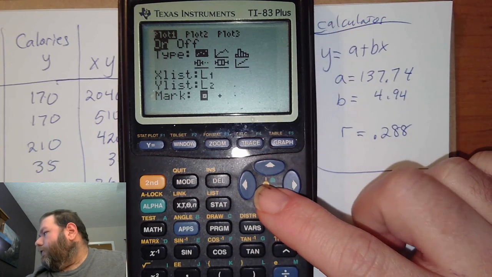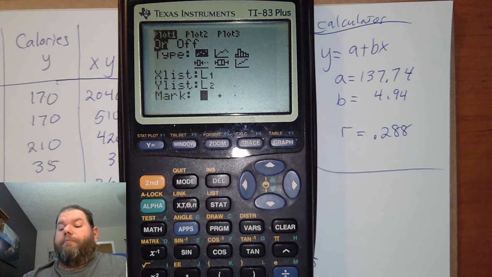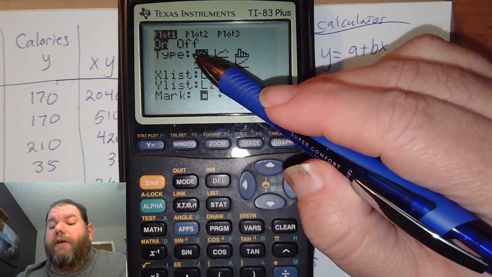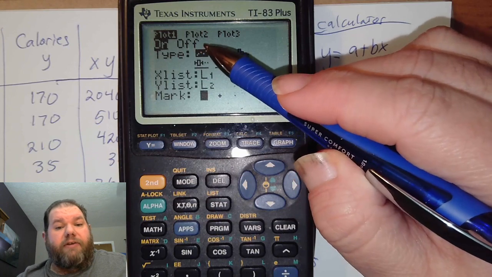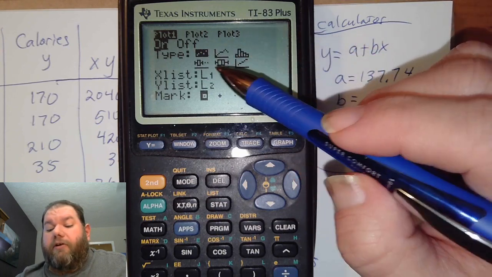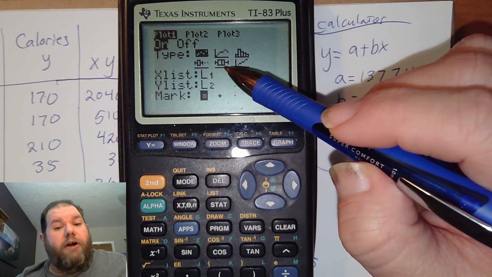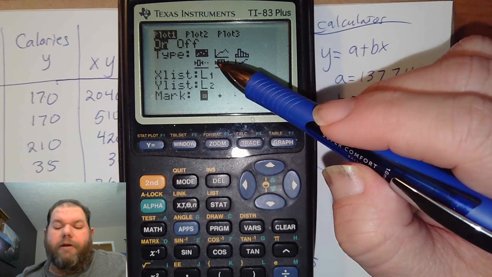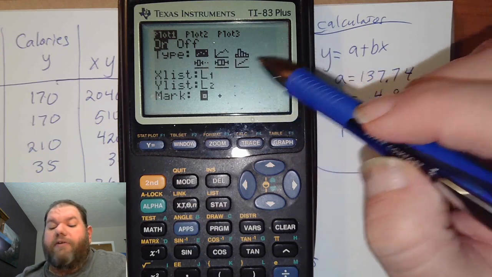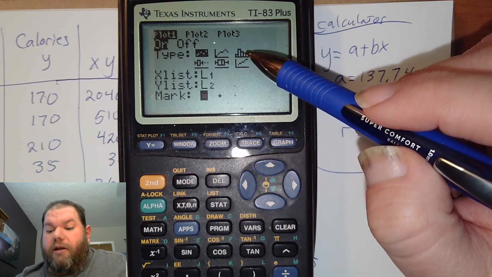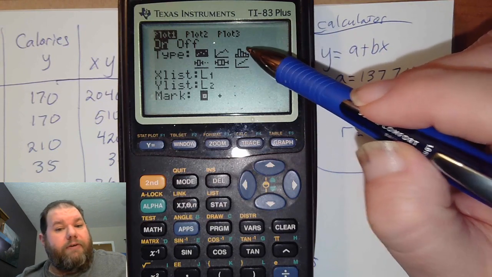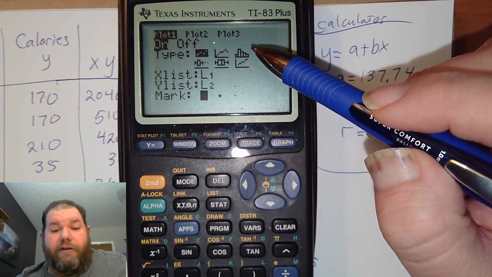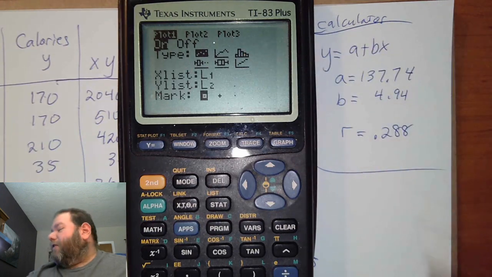And for our mark, we'll just use the first one. So this right here indicates a scatter plot because you just have a bunch of dots on the background there. It also could do a box plot, a modified box plot if we wanted to. It's not exactly like what we did, but similar. And it does have some capability for histograms, but it's not great. I'll tell you that right now. It's not great. Anyway, we have some different stat plots we can do in here, but probably it's easy enough to do it by hand.